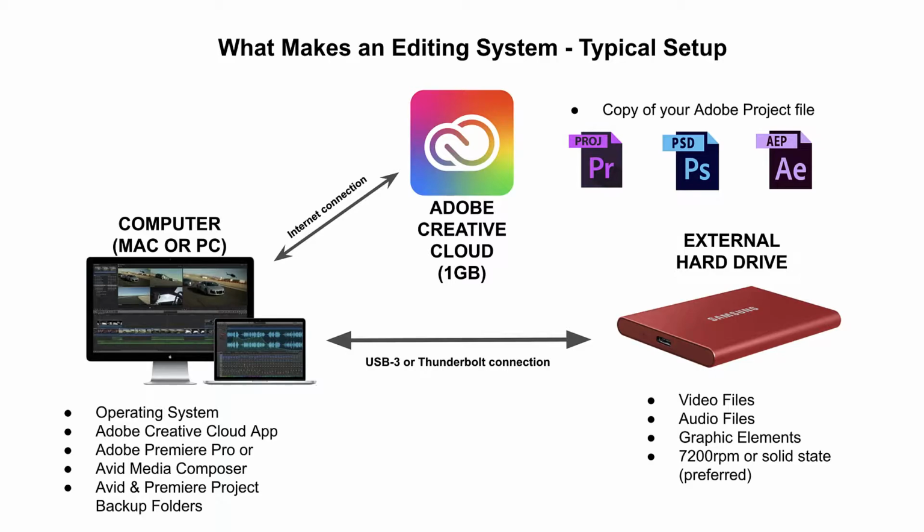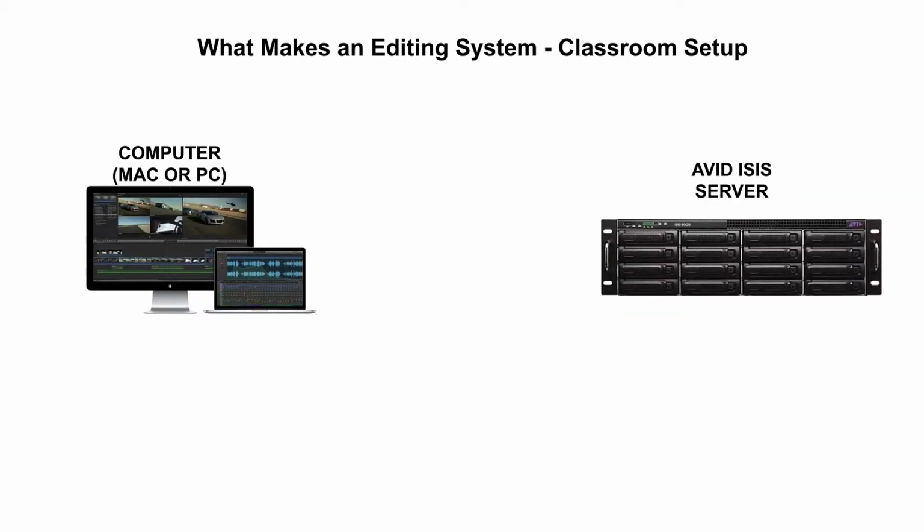If your drive is a traditional mechanical drive, it needs to have a speed of 7,200 RPM to work with high-definition video. Solid-state drives are extremely fast and work great for editing, but they are more expensive than mechanical drives. Either way, make sure you have a second backup hard drive in case your drive fails for some reason.